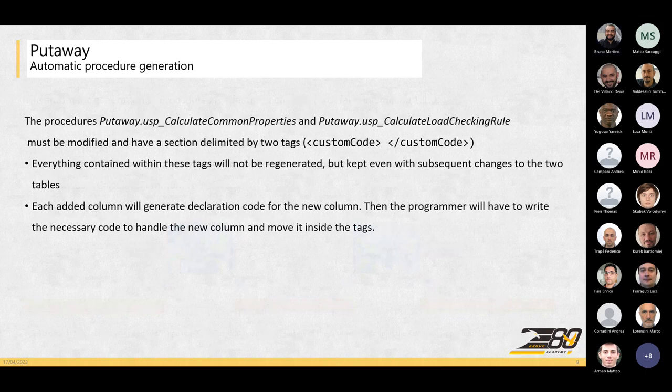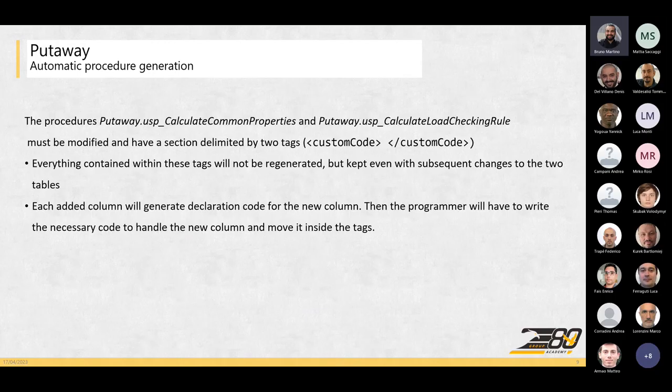So only the procedures calculate common properties and calculate load checking rule must be modified and have a section delimited by two tags. So everything contained within these two tags will not be regenerated on the new edit of the tables, but it will be kept even with changes.